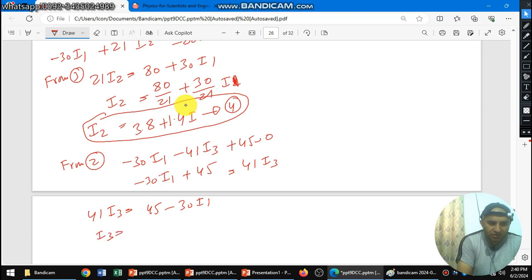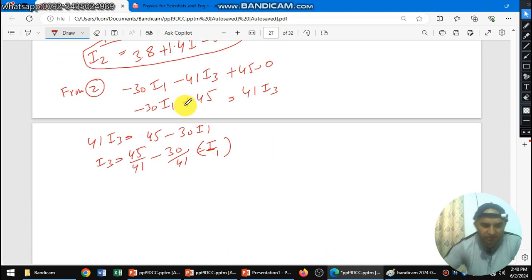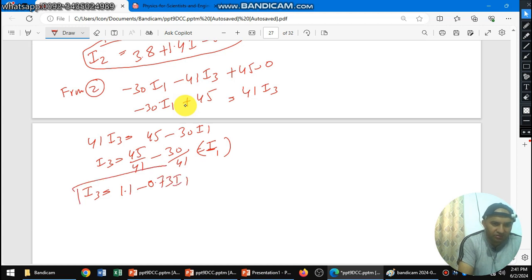So I3 is equal to 45 over 41 minus 30 over 41 I1. We solve this one, I3 is equal to 1.1 minus 0.73 I1. So this is equation number 5.